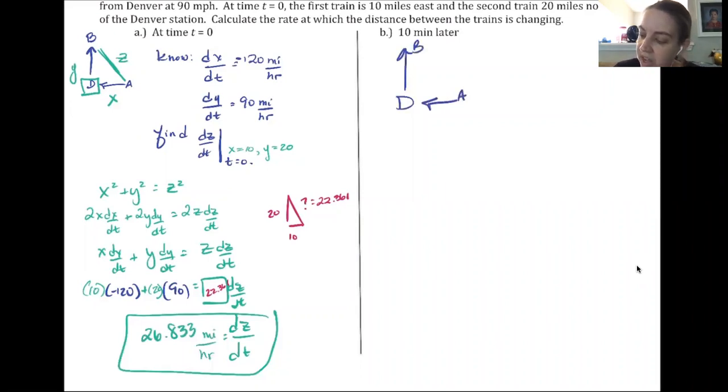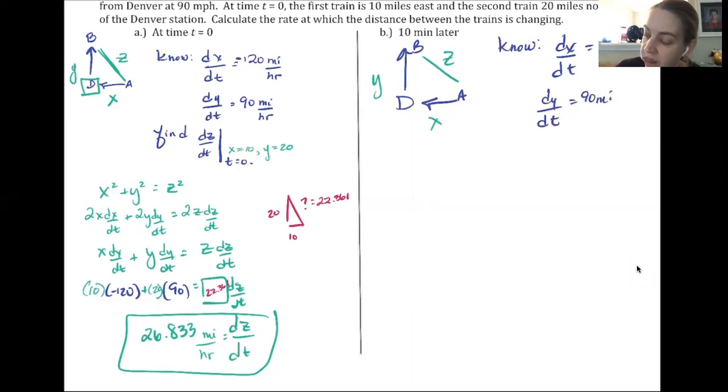We still are talking about a right triangle, so I still have X, Y, and Z. The westbound train is dx dt, that's still negative 120 miles per hour. We still know the northbound train dy dt is 90 miles per hour. And we still want to find dz dt, all that's the same.